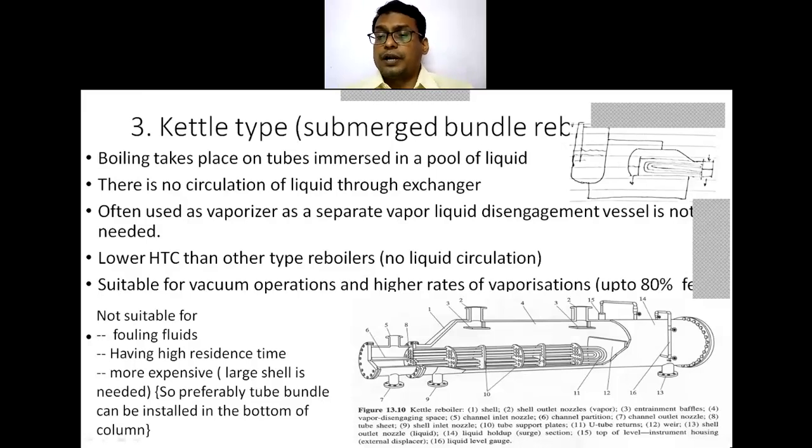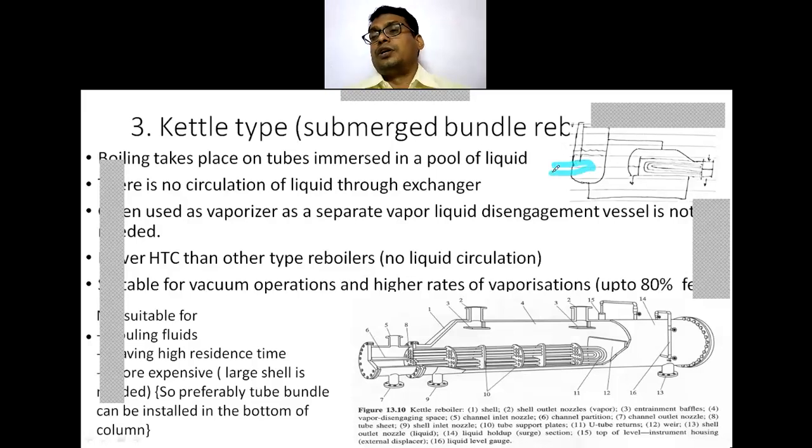So in the bottom of a distillation column, I can provide the tube bundle, so that the vapors will be generated inside the vessel itself. It will not go out and come back again into the column.